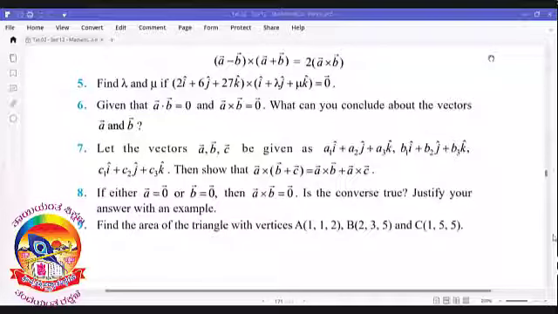Now you consider he asked you to find out the area of triangle with vertices. First of all, you consider this one as OA bar, I bar plus J bar plus 2K bar. And this is OB bar is equal to 2I bar plus 3J bar plus 5K bar.